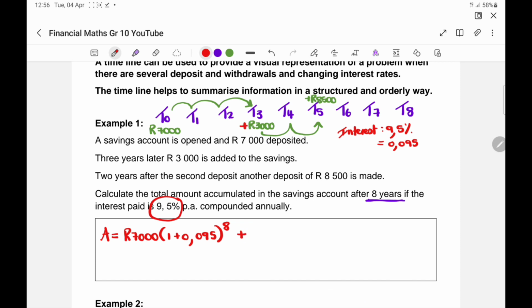Then we added 3,000 Rand. That was also invested at 0.095 because remember the interest rate didn't change. And how long did it stay in there for? How many bunny hops to the end? 1, 2, 3, 4, 5 bunny hops. So it's all raised to the power 5. And then the last deposit that was made was 8,500, also at 0.095.